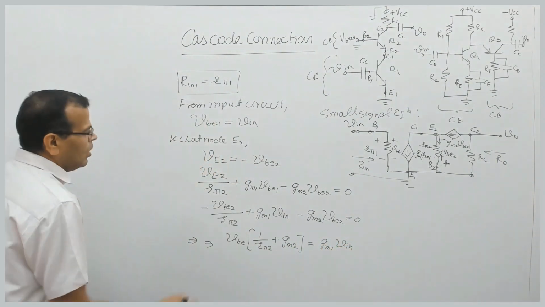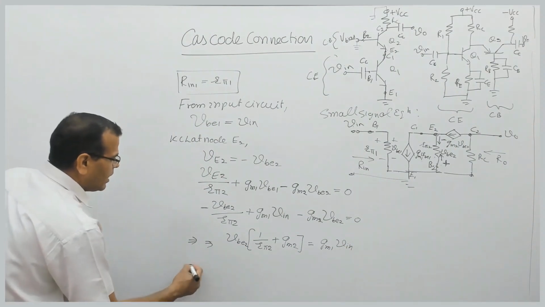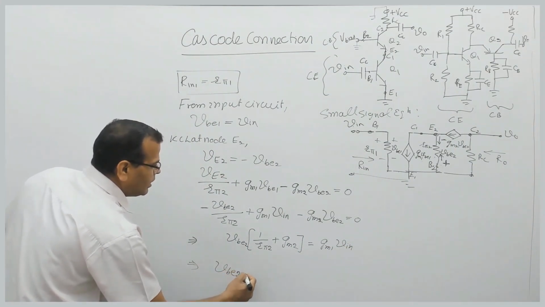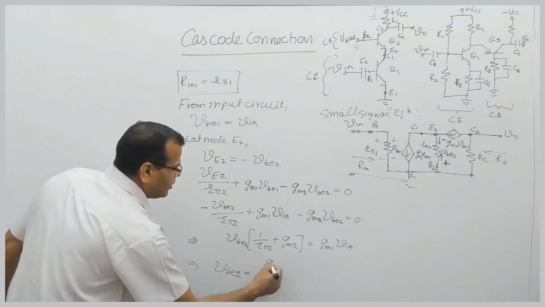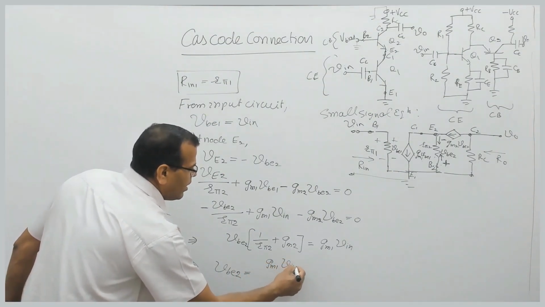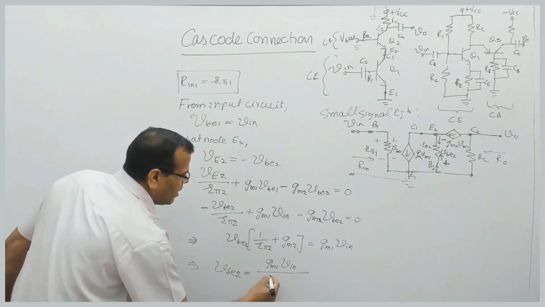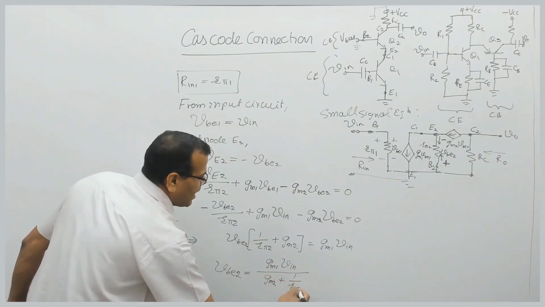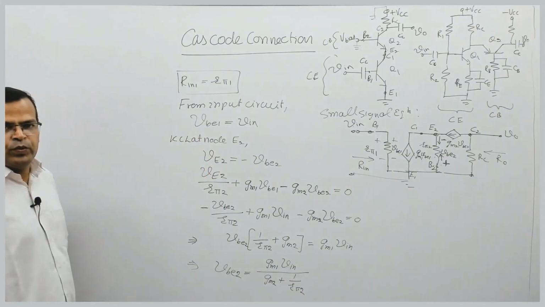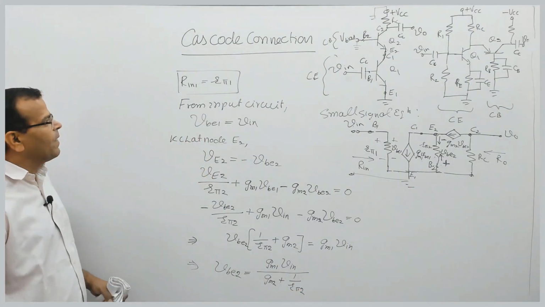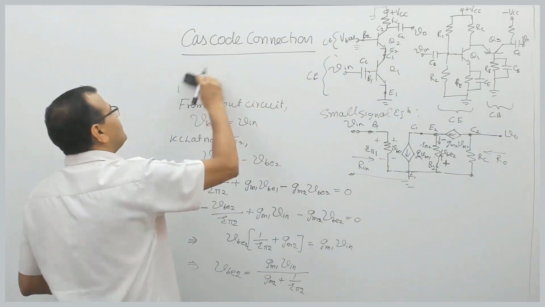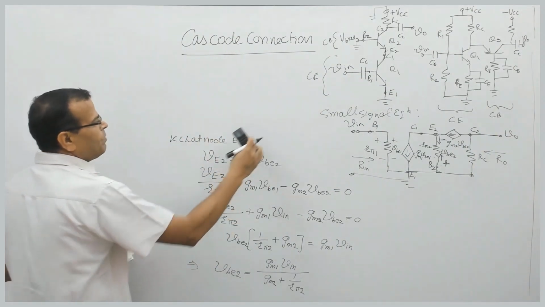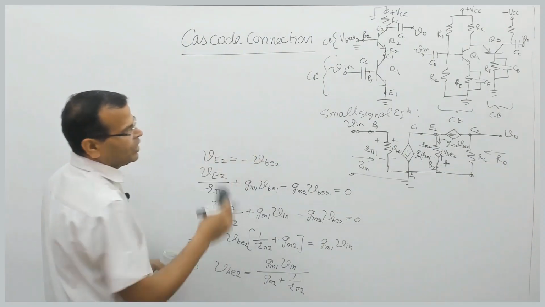So VBE2 is equal to GM1 Vin divided by GM2 plus 1 by R pi 2, right? So we have got the relationship between VBE2 and input voltage.